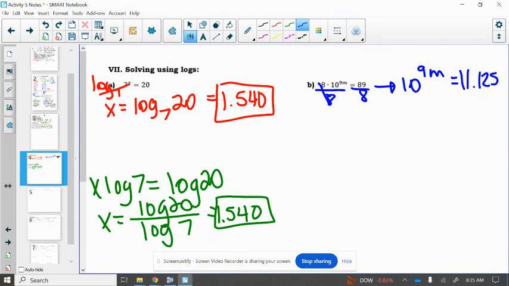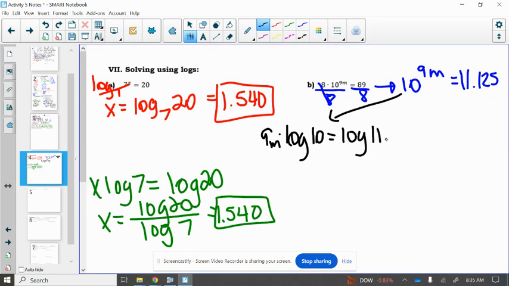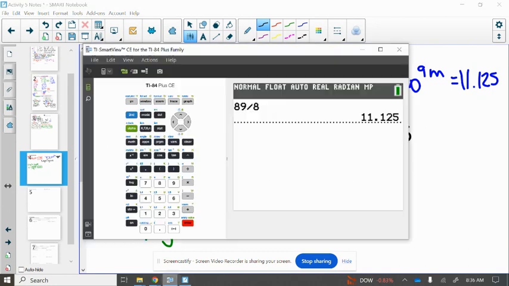Now, similar to what we were talking about before, we have two options here. Option 1, if we take the common log of both sides, right, log, and then now the 9m can move out front, and then log here, we have 11.125. Well, a reminder, log of 10 is going to cancel it out, right?